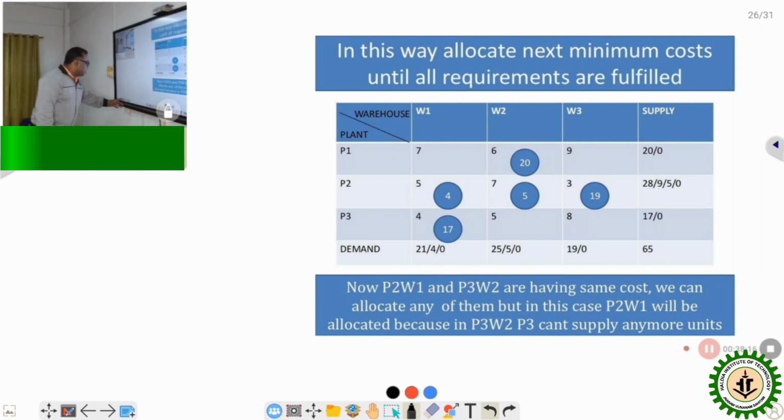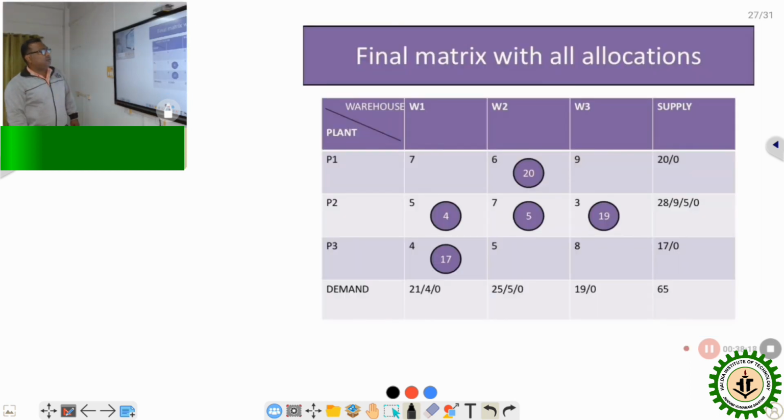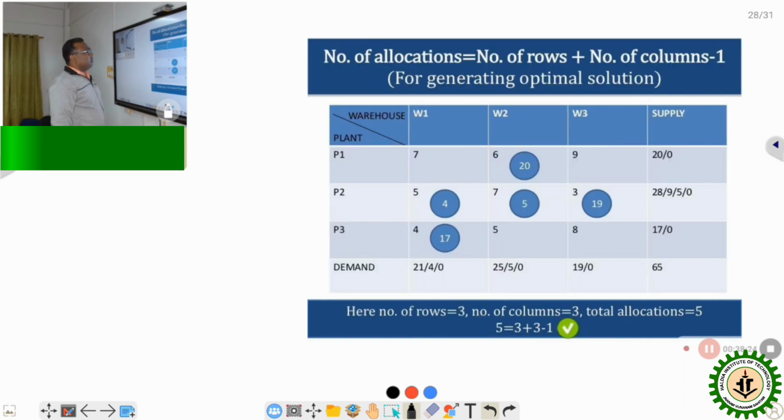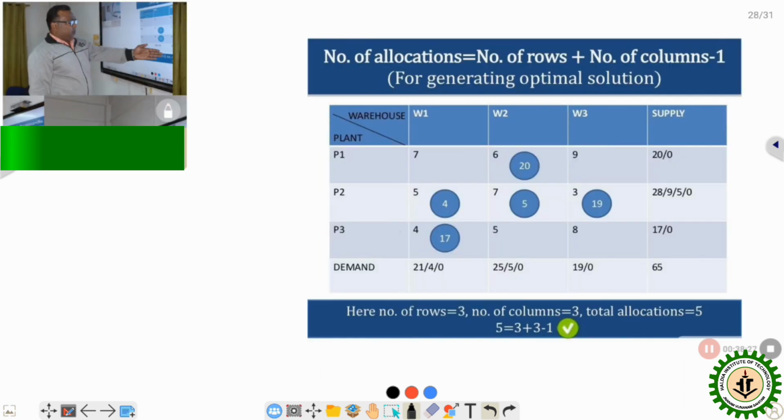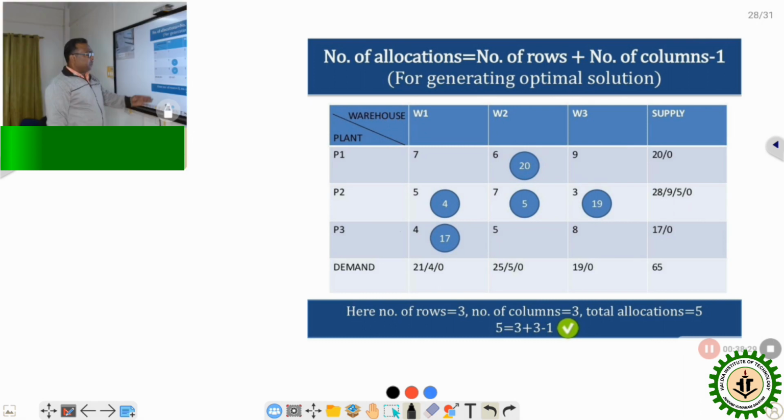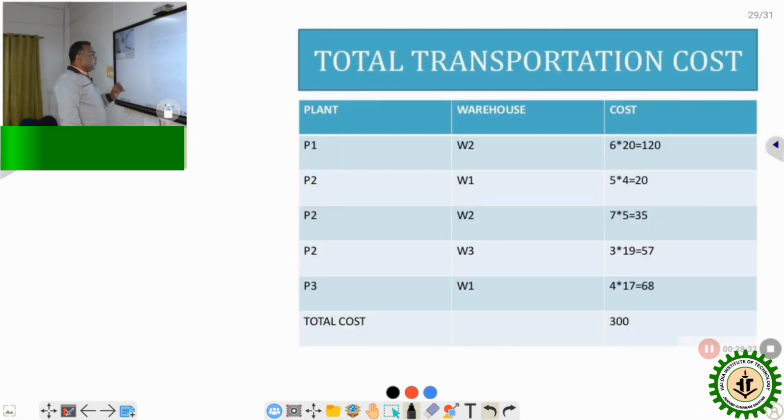Okay. So you can see now the final matrix with the allocation, and the number of allocated cells is equal to M plus N minus 1, and the transportation cost.